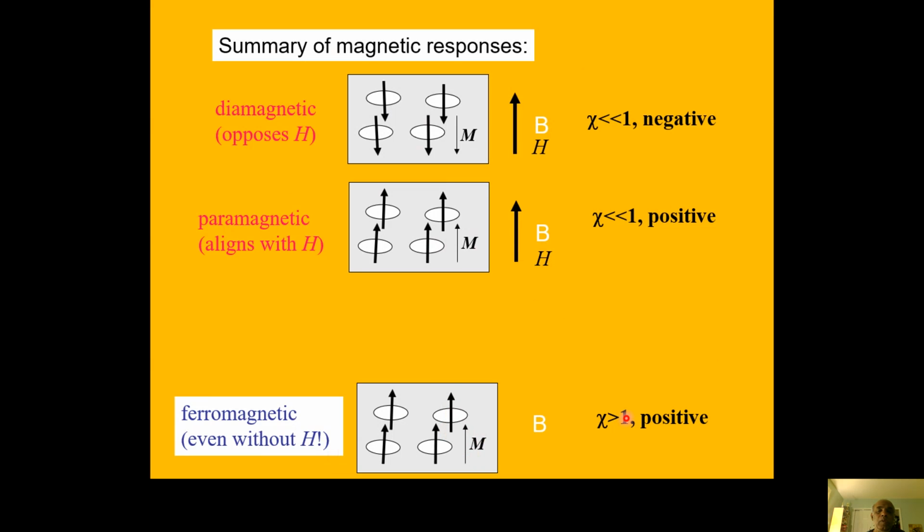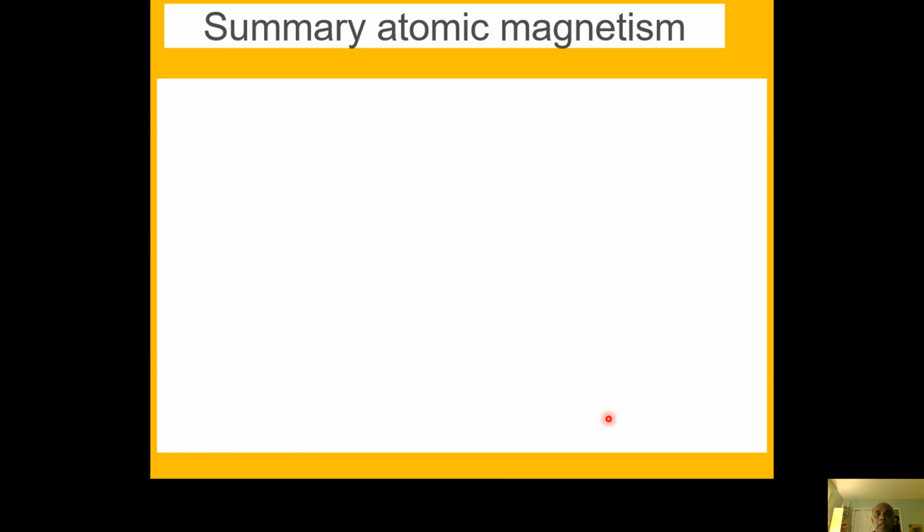Not only that, their susceptibility is positive like paramagnetism, but the value is much larger than 1. That's the difference. Sometimes these ferromagnetics become something called superparamagnetics. That means they are no longer ferromagnetic, but still the chi value is much larger. We'll talk about that one a little later.